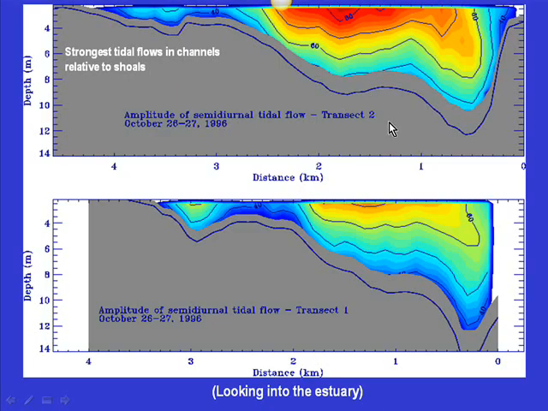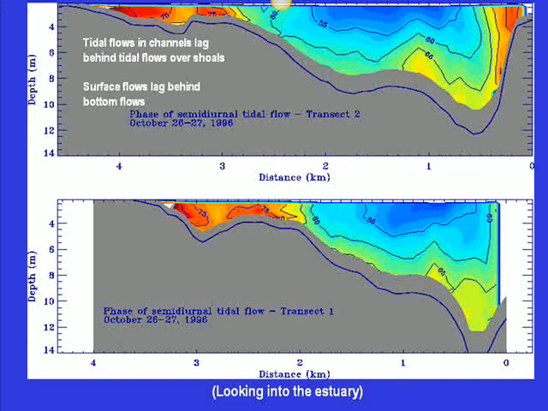Very clearly you see here the amplitude of the semi-diurnal tidal currents in those two channels. Here very clearly the isotachs follow the bathymetry very nicely. And the phase shows the same. The red now represents earlier changes in the tidal flows.